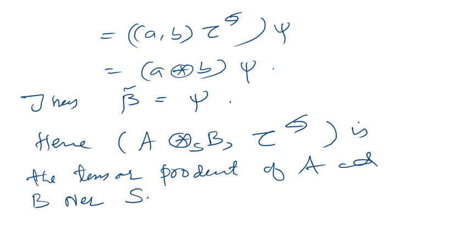And in future we write only this A tensor B over S instead of this pair. So we drop this tau natural. Okay. So in future we write A tensor B over S instead of the pair A tensor B over S comma tau natural.